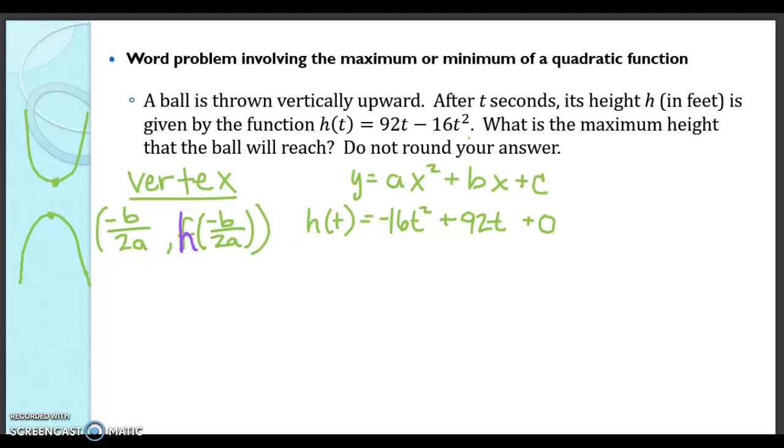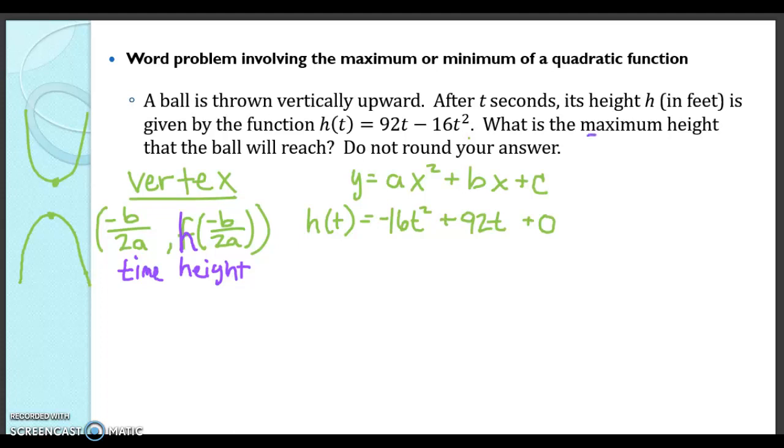Now, the ball is thrown vertically upward. After t seconds, its height h in feet is given by this function. So the x value is t, or time, and the y value is height. That's important to distinguish.